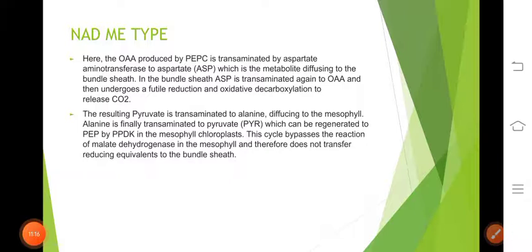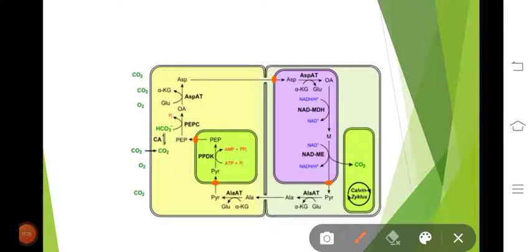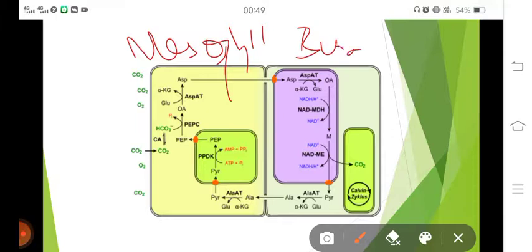The next type is the NAD-ME type. In NAD-ME type, this is the mesophyll cell, this is the bundle sheath cell.